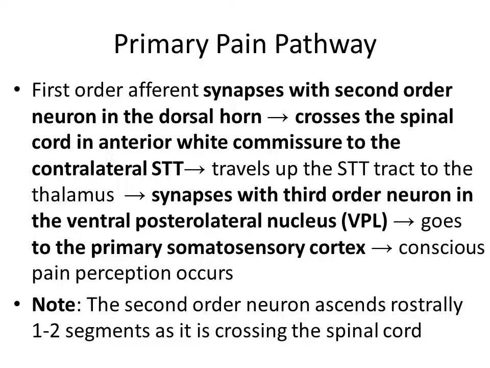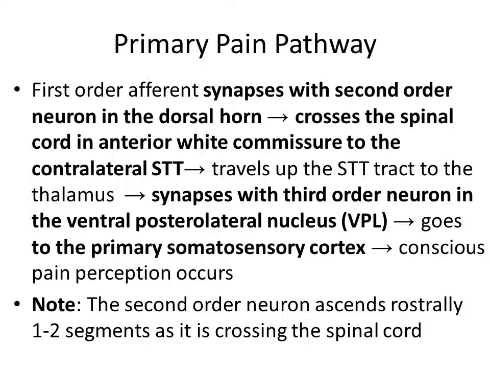One other note is that when we're talking about the second order neuron, there is some evidence that it ascends rostrally a little bit as it's crossing the spinal cord. So it doesn't just go straight across, but it kind of goes up as it's crossing. Think of it as, a straight line is the shortest distance between 2 points.